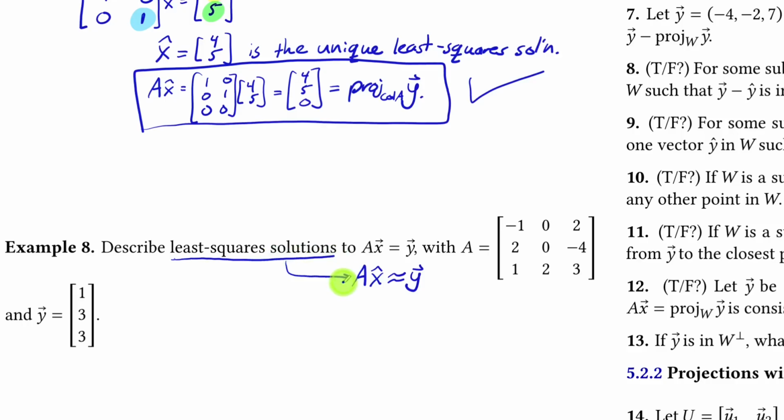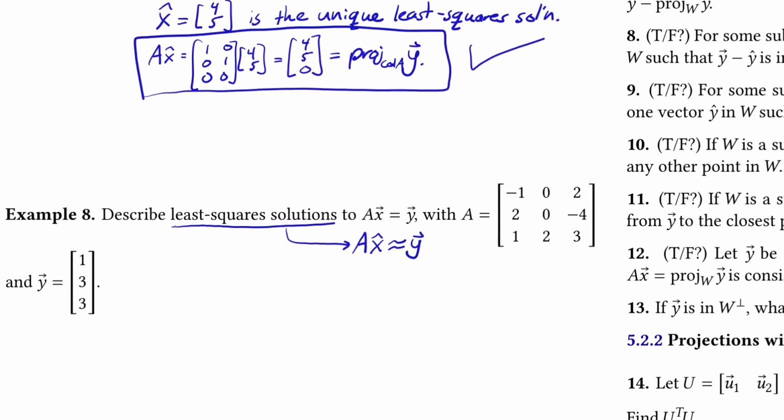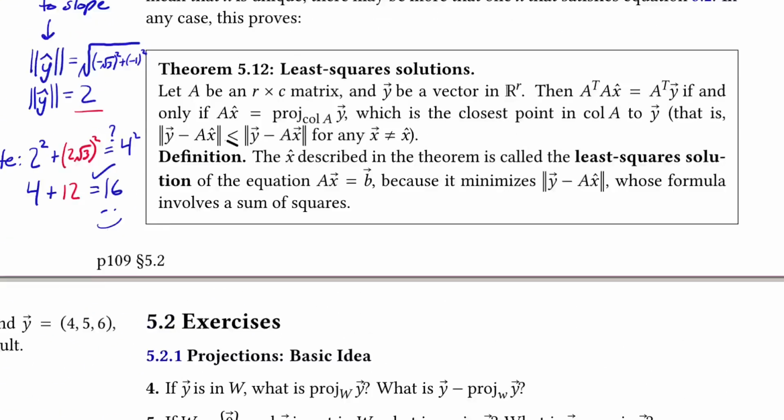That's really our goal here. And the way to do that is to make A x hat be the projection of y onto the column space of A. And we saw how to do that using this theorem.